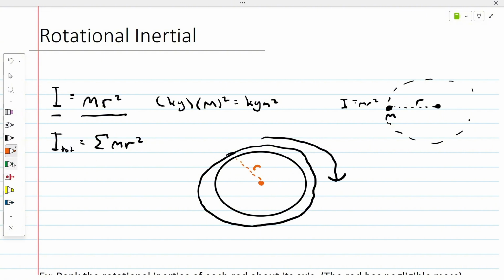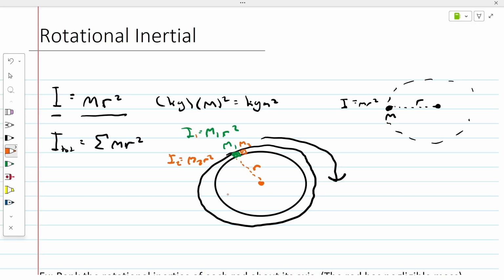So we can just try to find one little point of mass right here, right? And we can call this m1, right? And so if we wanted to find the rotational inertia of just this one little point of mass, we would have m1 radius squared. But now let's choose the next point, another little point on this ring right here, and call this m2. So this is I1, but I2 would just equal m2 radius squared.